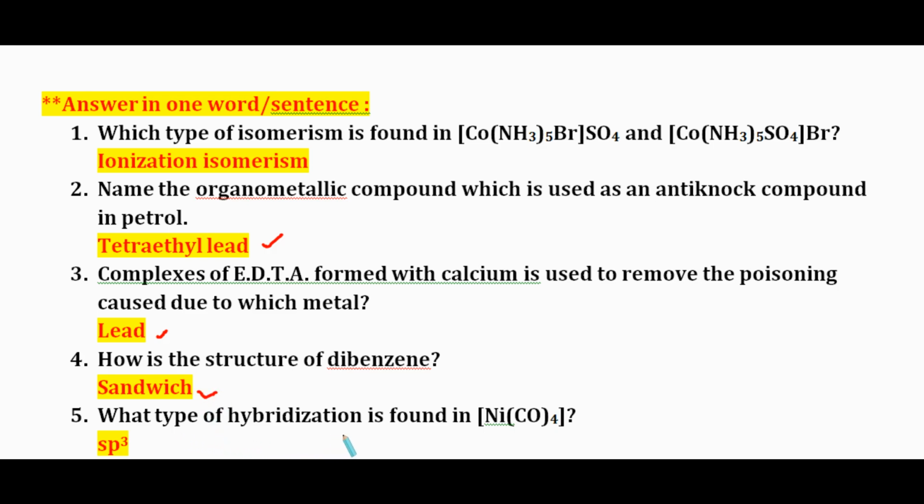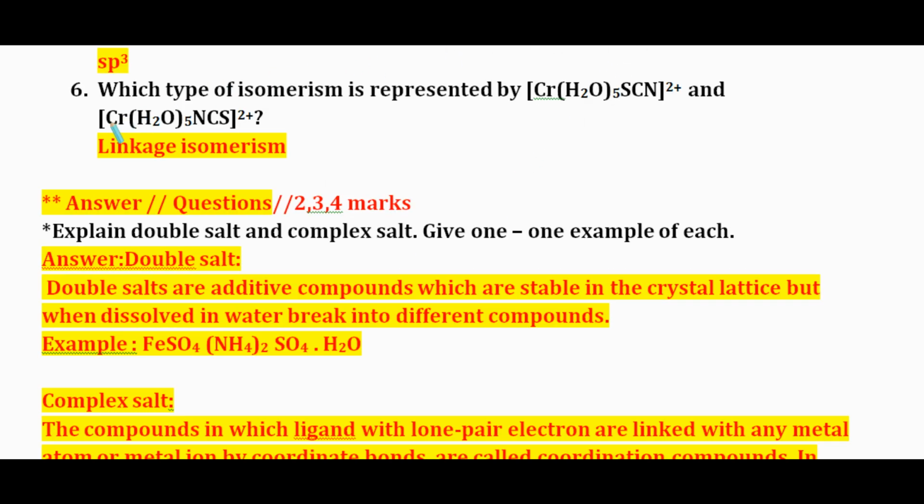What type of hybridization is found in Ni(CO)4? It is sp3. Which type of isomerism is represented by [Cr(H2O)5SCN] and [Cr(H2O)5NCS]? The donating atom changes, so it is linkage isomerism.